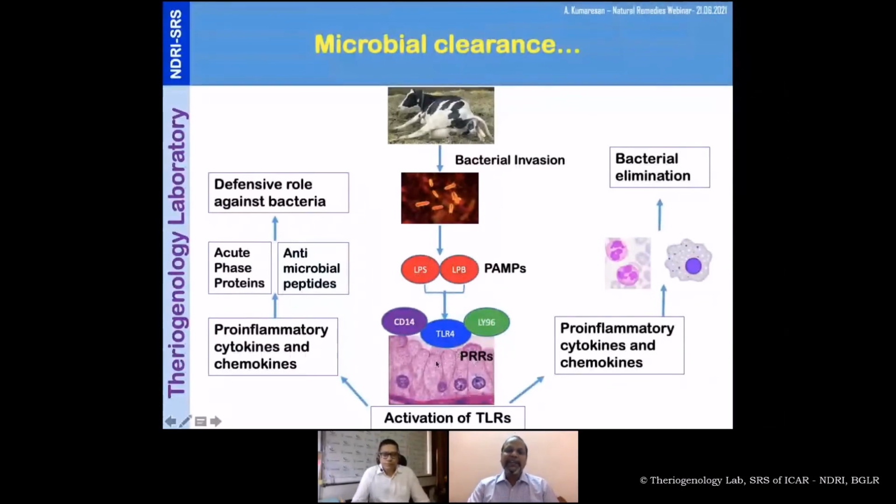Then the pattern recognition receptors in the uterine endometrial cells, for example TLR and CD14, recognize it, and they induce the pro-inflammatory cytokines and chemokines. These directly attract the neutrophils, and then automatically it is cleared. It also increases the acute phase proteins from the liver and antimicrobial peptides like beta defensin and others. Then automatically it is cleared. This happens when the animal is healthy.